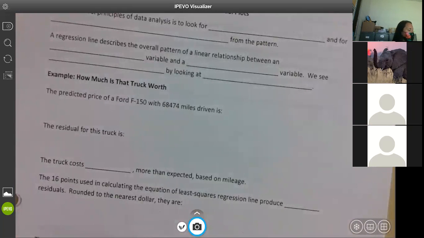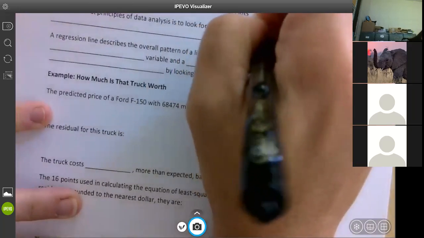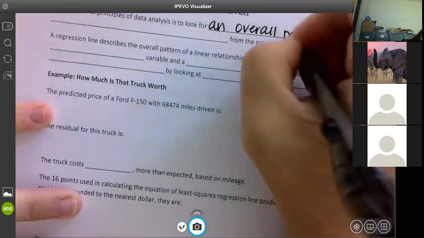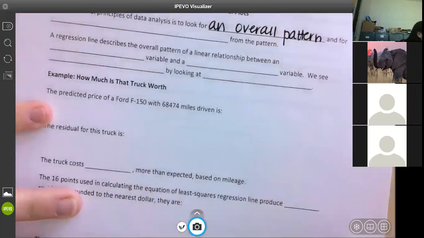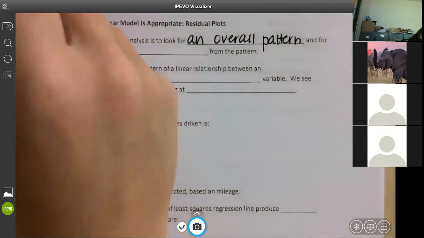All right. Front and back is the last of this. So one of the first principles of data analysis is to look for an overall pattern, and for striking departures from the pattern.